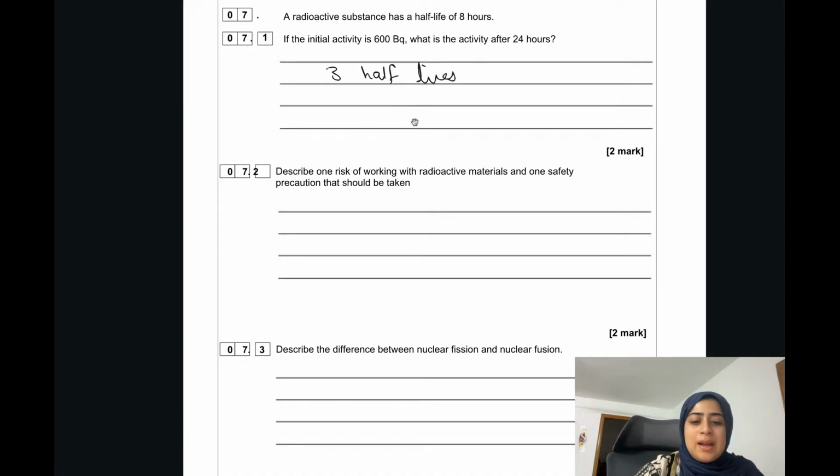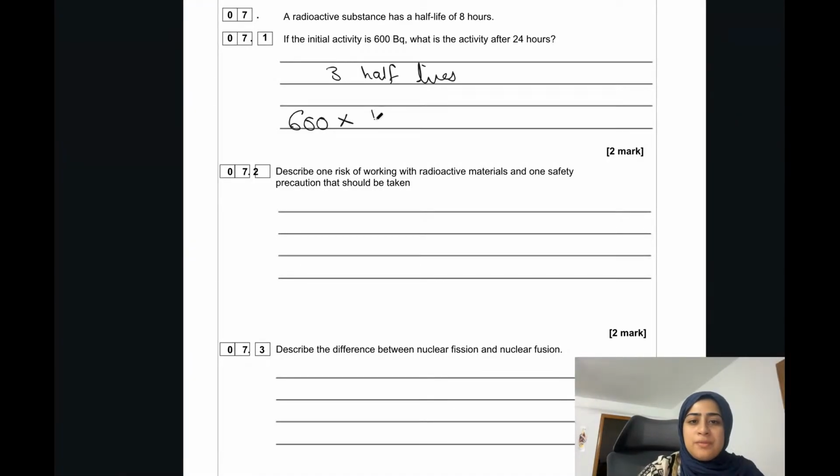Okay? And we know that each half-life reduces the activity by a half. Okay? So the activity initially is 600, and it's reduced by half 3 times.